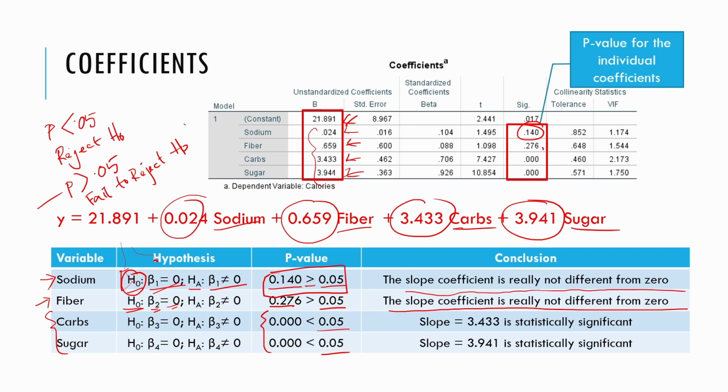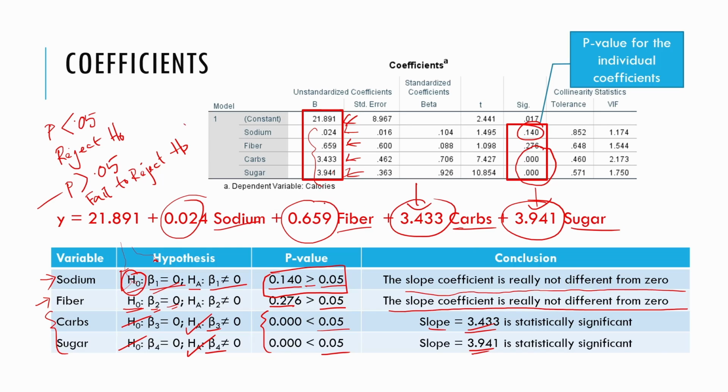Check here, these two are less than 0.05. That means you can reject this one and go with this one. So beta 3 and beta 4 are significantly different from 0. That means the slopes you got here, 3.433 and 3.941, can be safely included in the model.